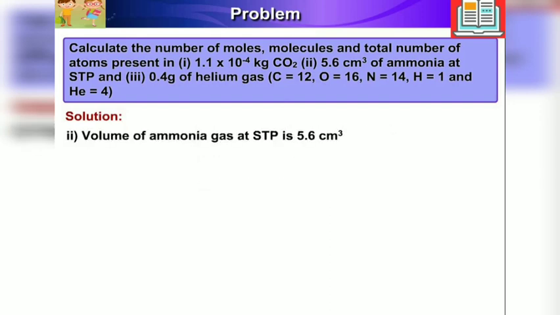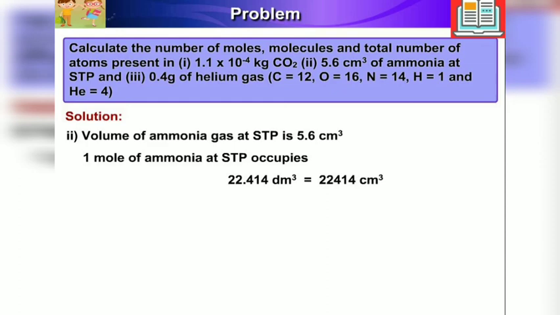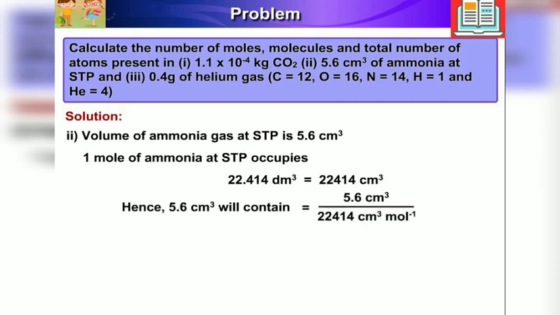2. Volume of ammonia gas at STP is 5.6 cubic centimeters. 1 mole of ammonia at STP occupies 22.414 cubic decimeters, equals 22,414 cubic centimeters. Hence, 5.6 cubic centimeters will contain 5.6 cubic centimeters upon 22,414 cubic centimeters per mole, equals 2.5 into 10 raised to minus 4 moles.